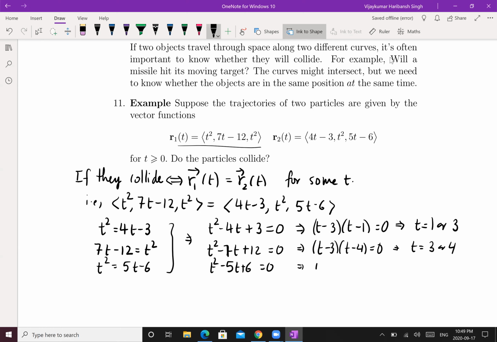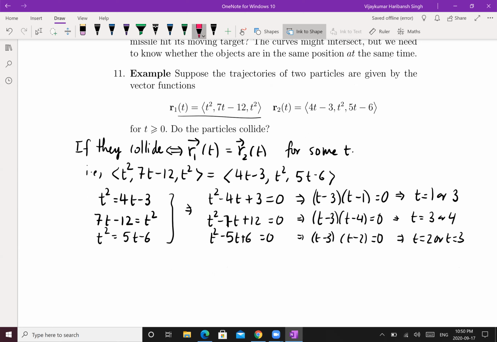This implies (t minus 3)(t minus 2) equals 0. This leads to t equals 2 or t equals 3. So you see, what is common in all of them is 3, right?